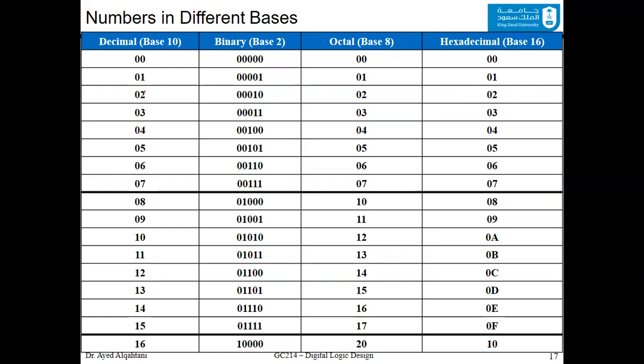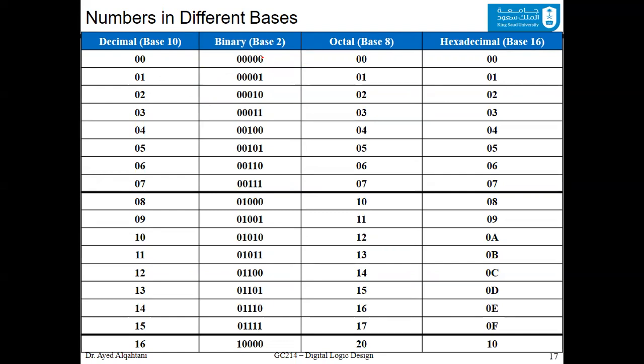Now we have 2, and we have only 2 digits in binary. So we need to figure out a way to represent the decimal number 2 in binary. And we represent it, as you can see, by 0, 1, 0, 0, 0. Actually, there is a quick way to fill this column, which is like this.